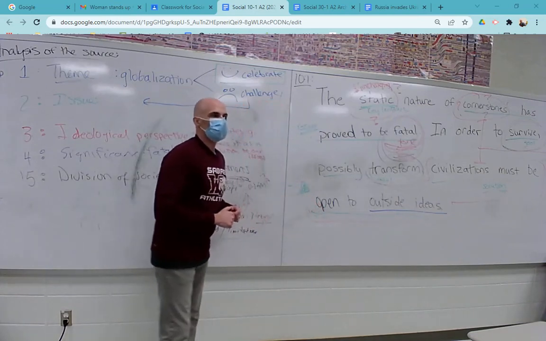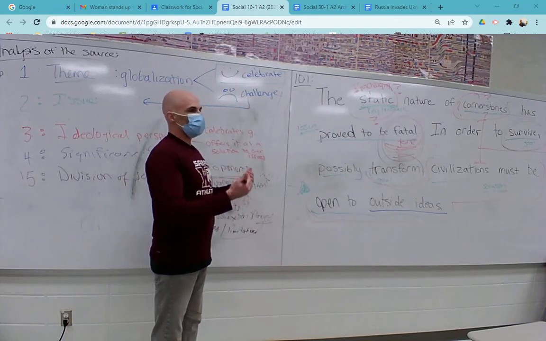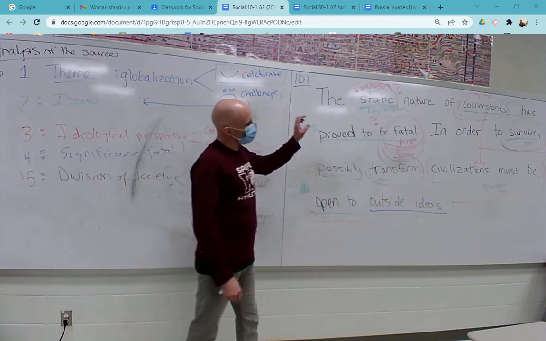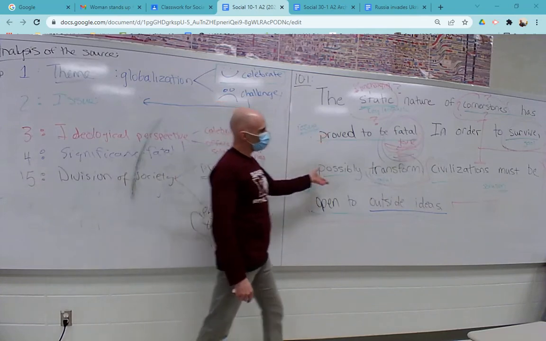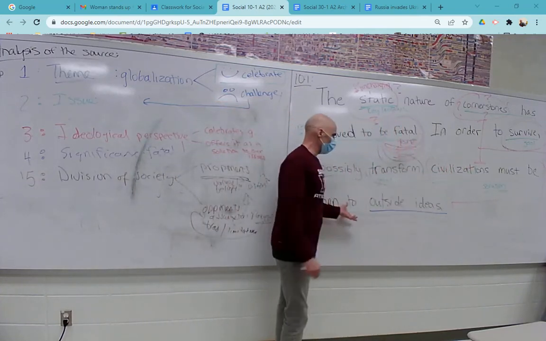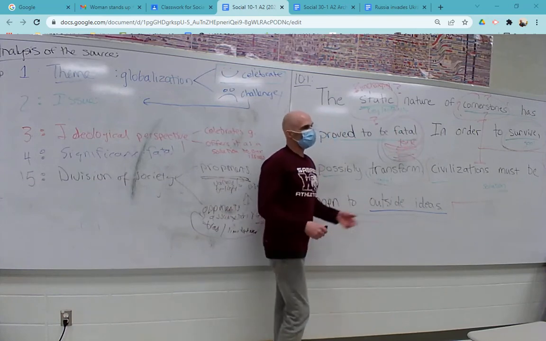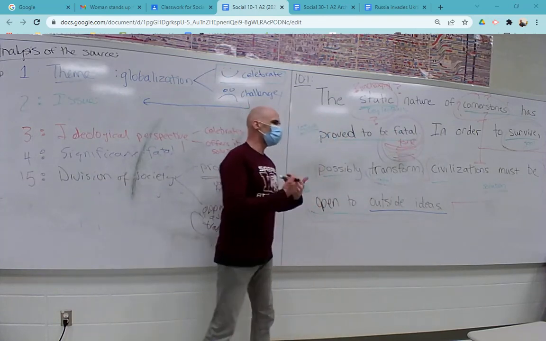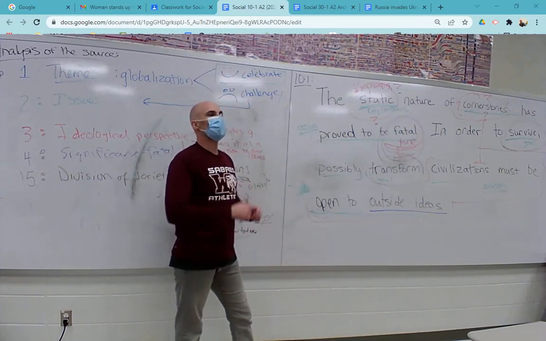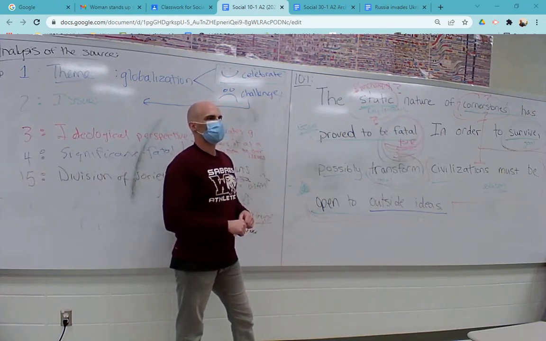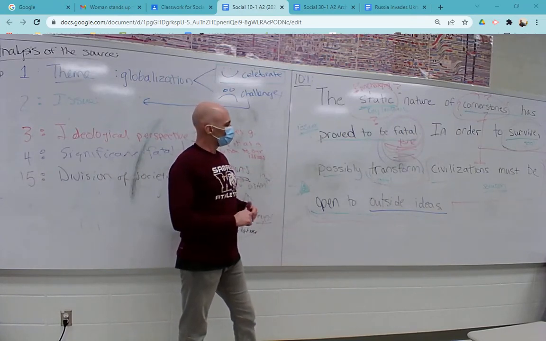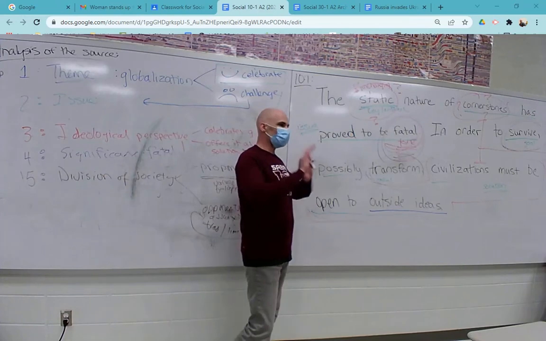I think of current events today. Ukraine's been invaded by Russia. This source is saying in order to survive and possibly transform, the Ukraine must be open. You could argue that had the nation of Ukraine been more closed, it would have been less vulnerable to attack. You know, if they had closed borders. Or you could also say, well, no, that's completely wrong.